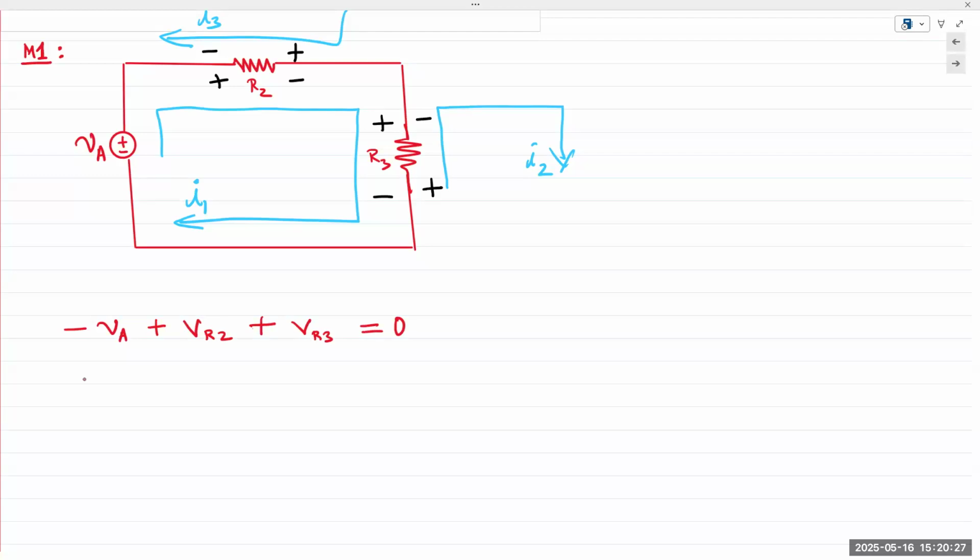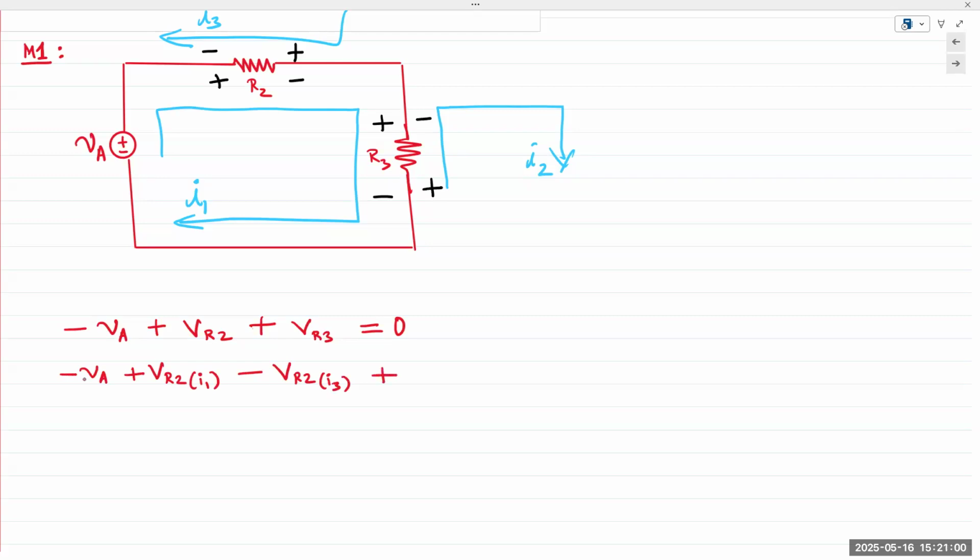But there's actually two voltage drops associated with both VR2 and VR3. So minus VA plus VR2 due to I1 and minus VR2 due to I3.